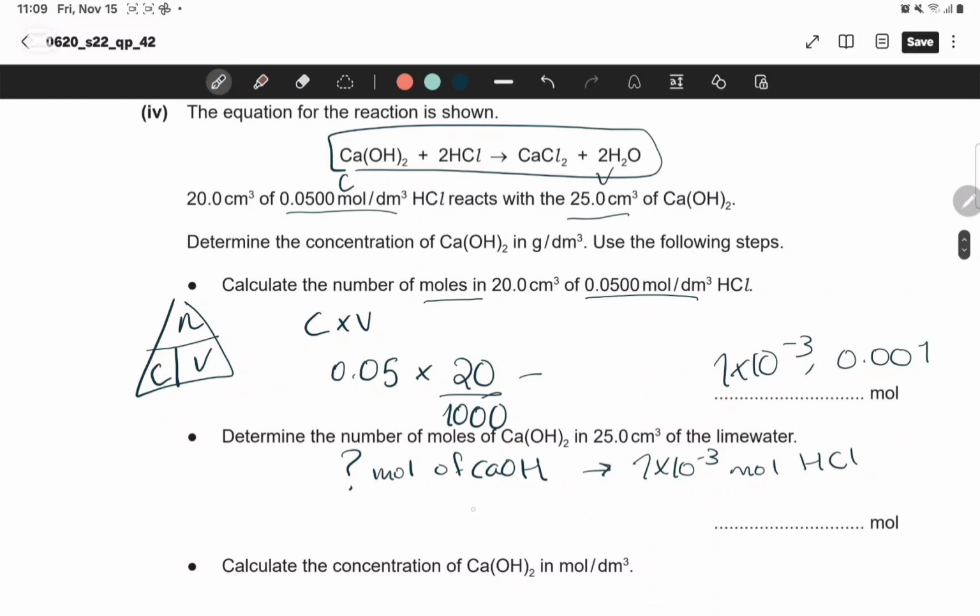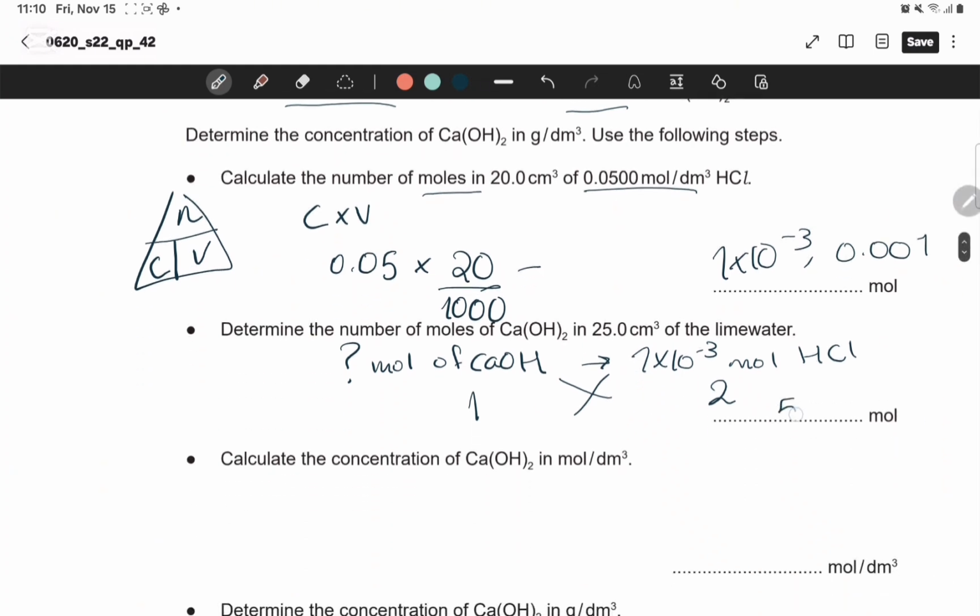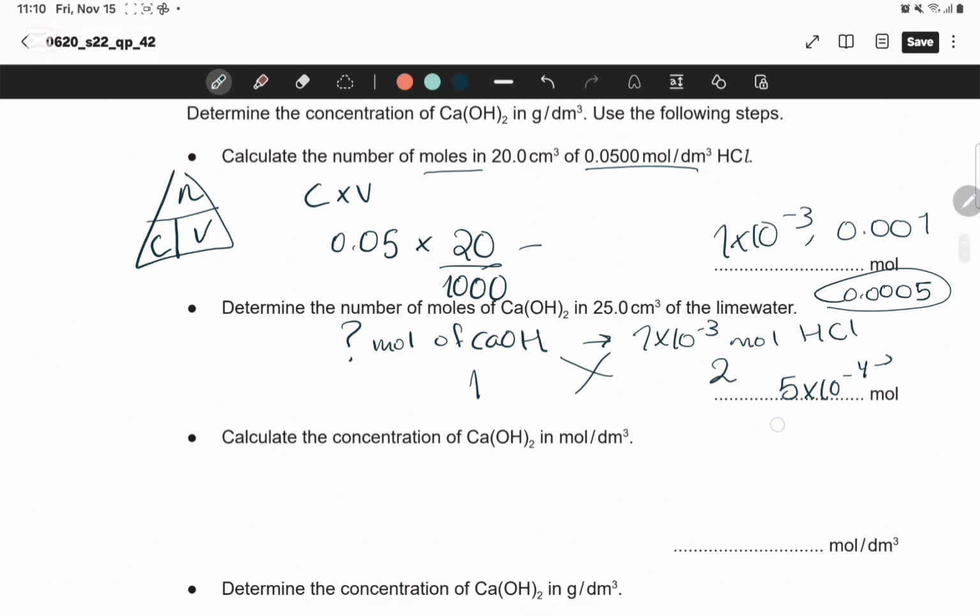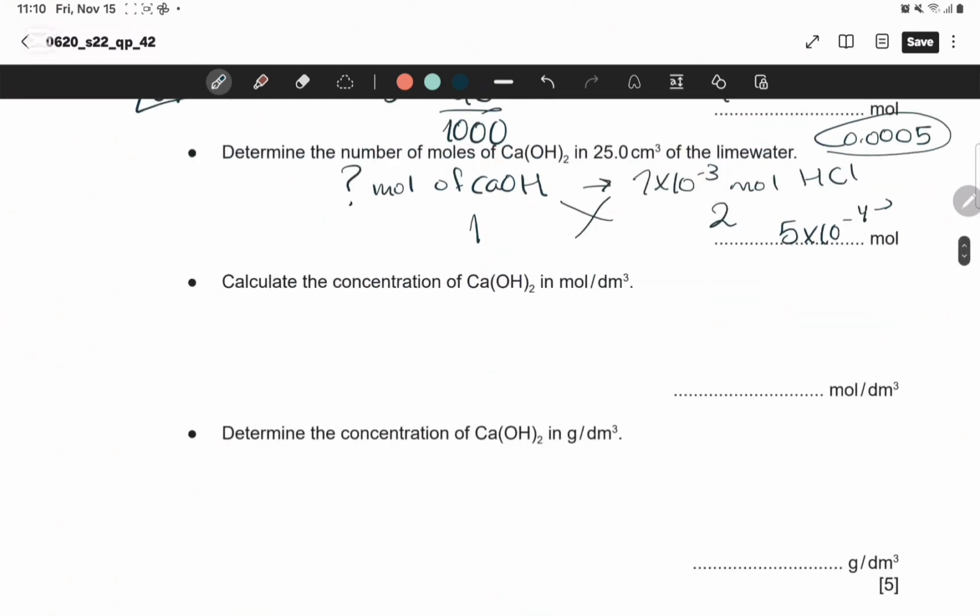So Ca(OH)2 has a coefficient of 1, and HCl has a coefficient of 2. So now we cross multiply: x over 1 is equal to 1 times 10 to the power of -3 over 2. You get 5 times 10 to the power of -4, or 0.0005.